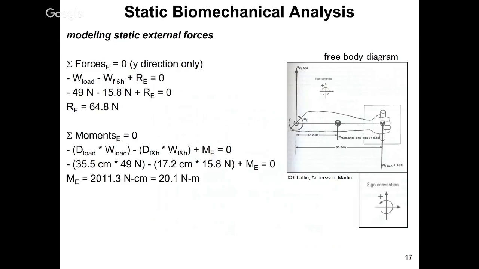We could do 30.5 centimeters, the center of mass of the forearm, times 15.6. We will actually have to use these numbers, but we have to do more as well. So the moment. See, it calls it D, although we call it L.